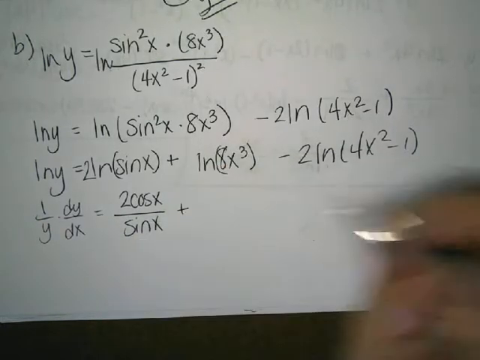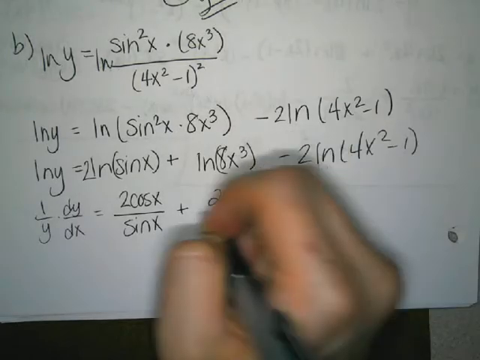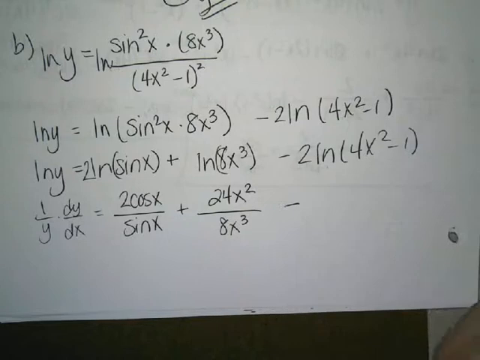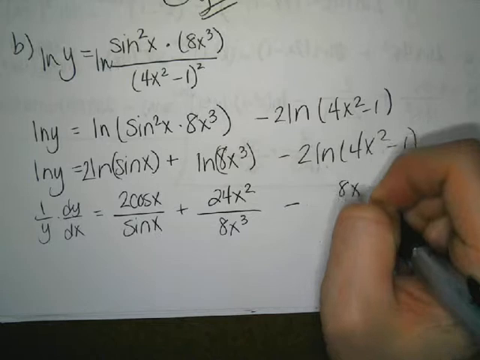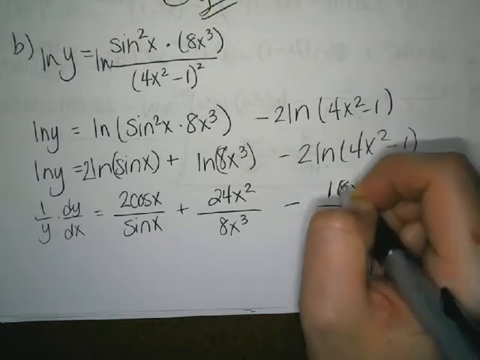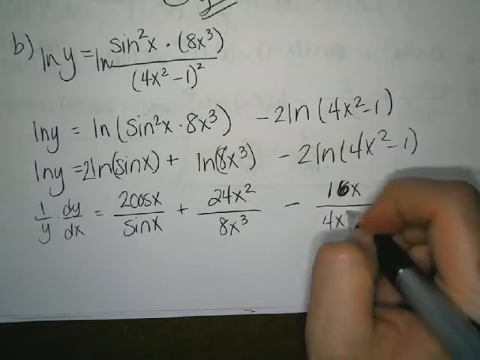Then the next piece, u prime, would be 24x squared over 8x cubed. And then here we have u prime over u again, so you'd have 8x over, that would be 16, because you still have that 2 on the top. 16x over 4x squared minus 1.